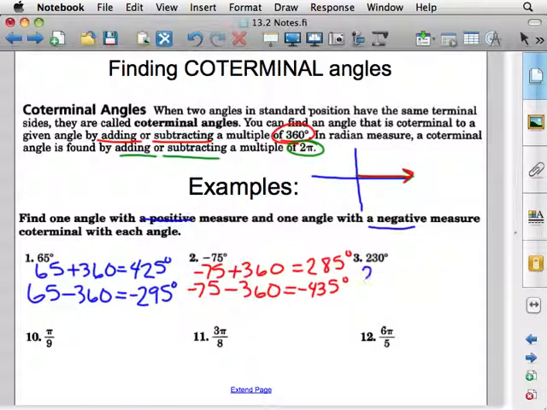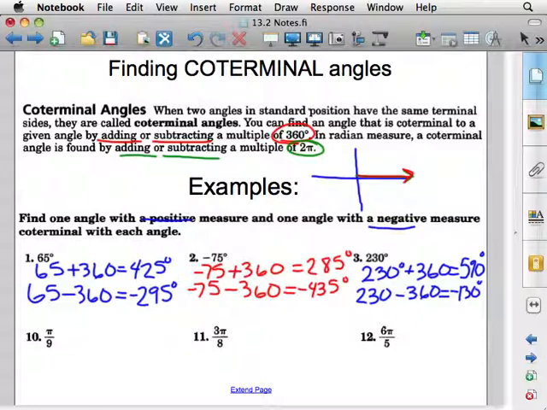Now, problem 3, we have 230 degrees. 230 plus 360 and 230 minus 360, and we get 590 degrees and negative 130 degrees. So those are examples in degrees.